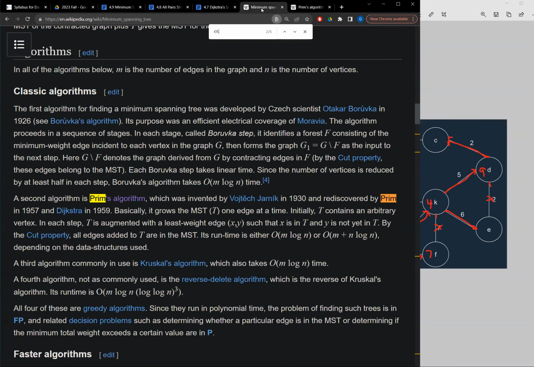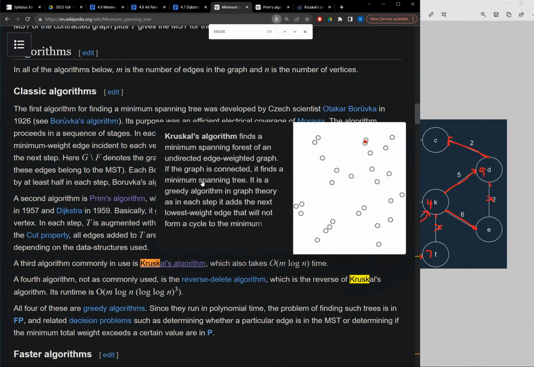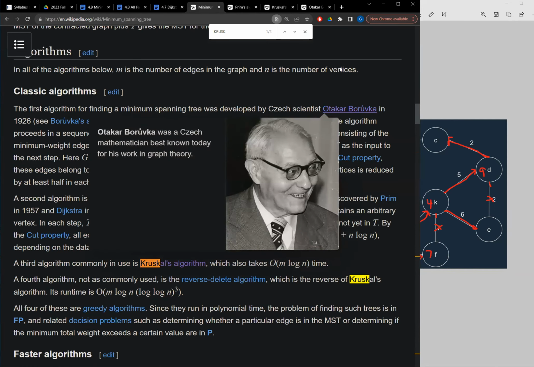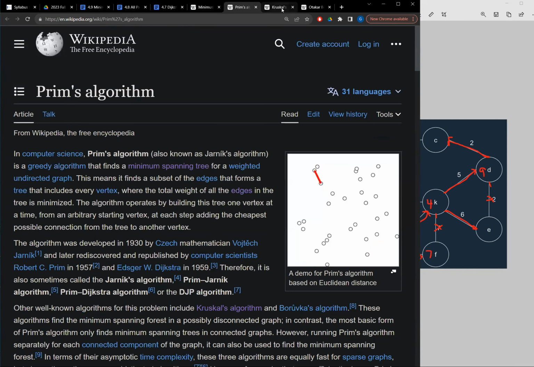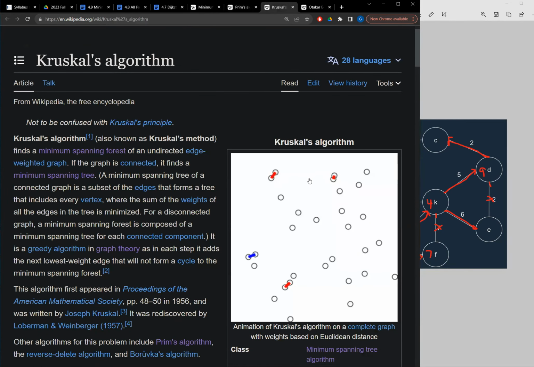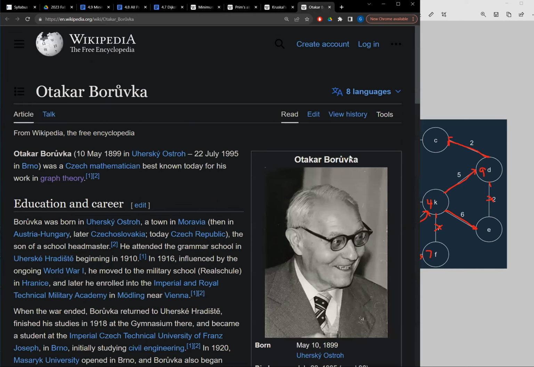Let's see, let's look at Kruskal on this page. There we are. All right, Kruskal. The idea is that it's building its forest approach, finding those small cycles, breaking the cycles, and it builds them up.